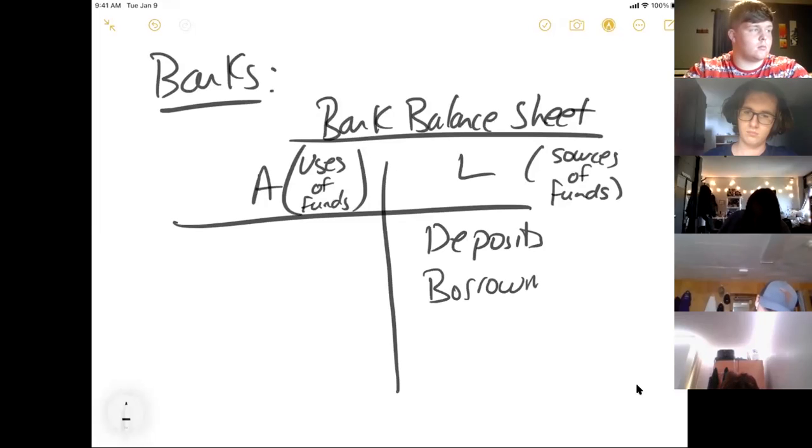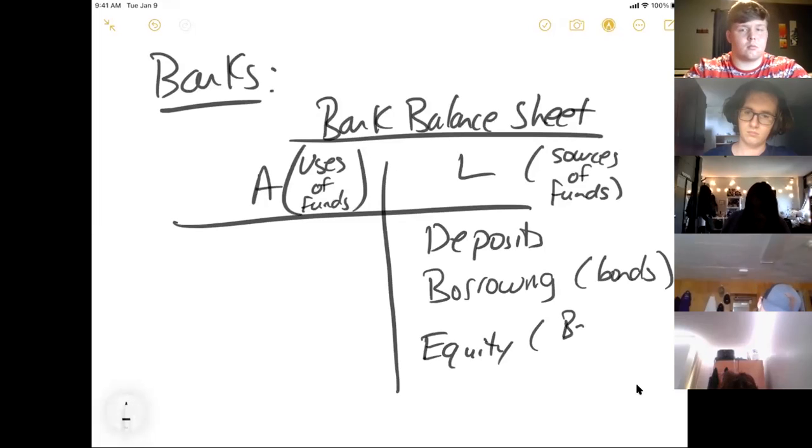And then they also do other forms of borrowings, such as they issue bonds. And then finally, they have equity or bank capital, meaning investors, either stocks or personal investors that contribute money. And these are essentially the owners of the bank, the money that they've put into it. These are the three main ways that banks raise money.